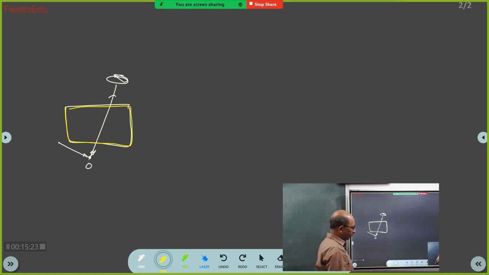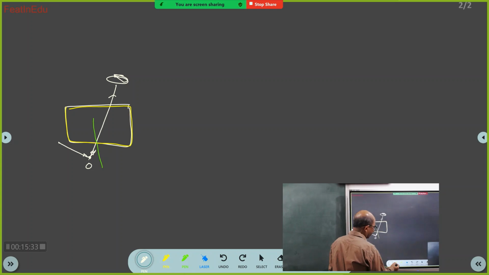what will happen to the light here? Hello, tell me what happens. The light gets reflected. Now you see, you draw the normal. So this ray of light will refract. Then it will come out.